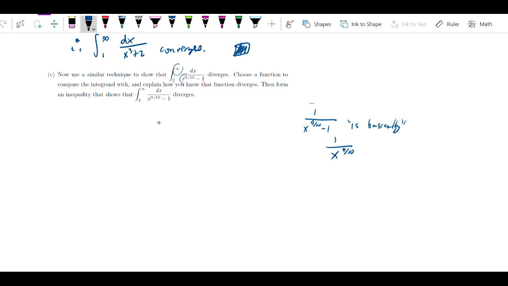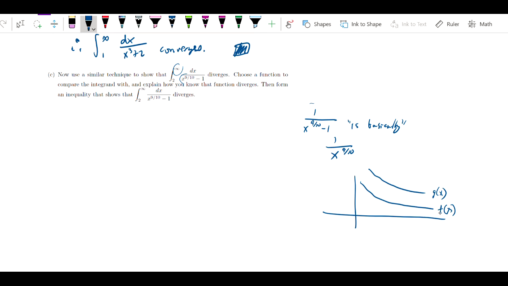So let's do kind of a similar thing. What we know is that if, once again, this is g of x and this is f of x, unlike in the first example where I said we know that g of x converges, therefore we can conclude that the integral of f of x also converges.